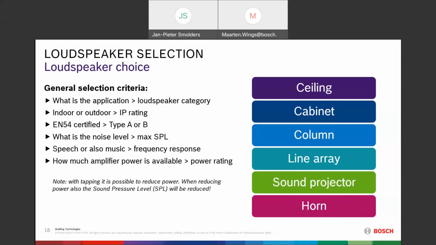How much amplifier power is available? Like I already said, you need to know the power rating of the loudspeaker. If you have to install multiple loudspeakers in a room or in a building, you have to add up, in a 100-volt system, all the power and calculate how much power it is altogether and match it to your amplifier power.